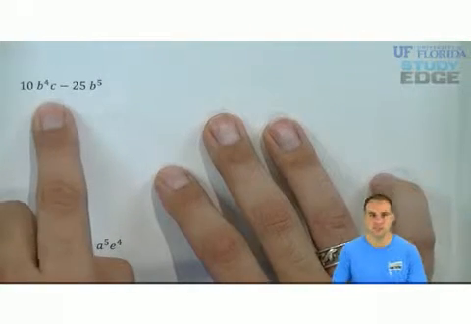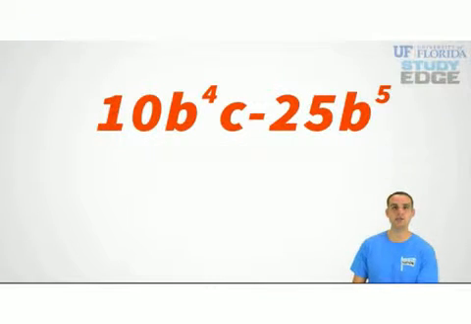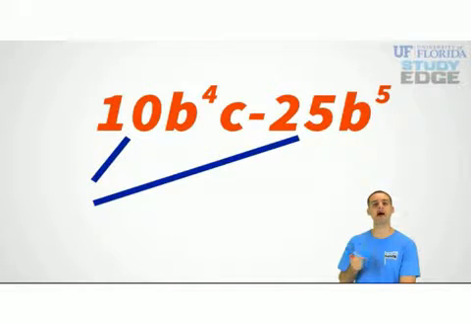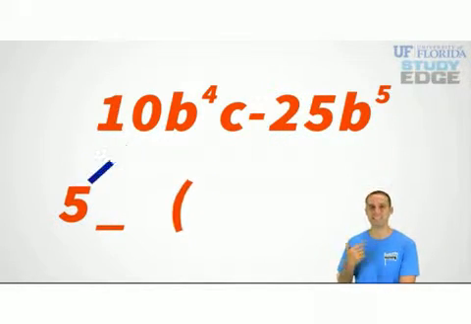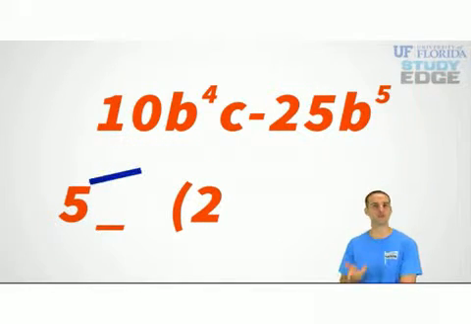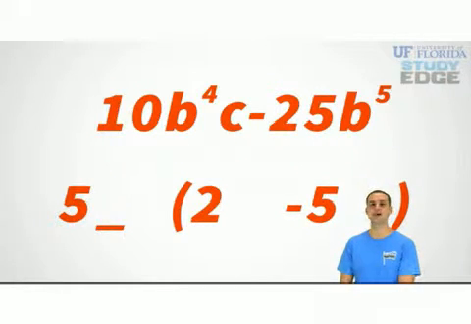10 b to the 4th c minus 25 b to the 5th. So when you see this type of question, you can say, okay, 10 and 25 are both divisible by 5. But I have to say at the same time what is left, and that's what I didn't do yet. When I divide by 5, there's a 2 left, and a negative 5 left.